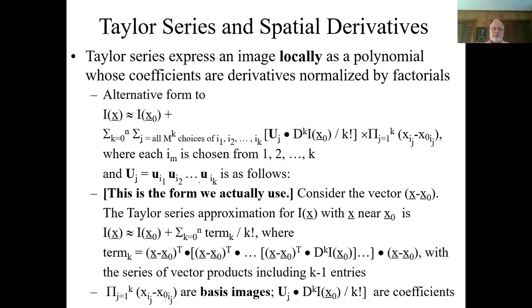For example, the one that we used for the xy term in the 2nd order was x minus x0 times y minus y0. That is a polynomial. It has a value at every position in the image xy. It is an image.